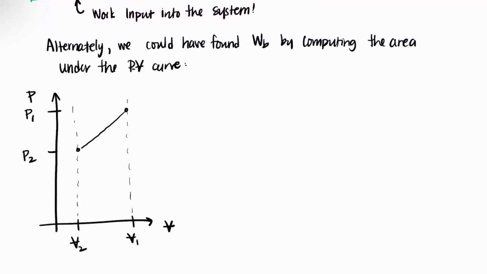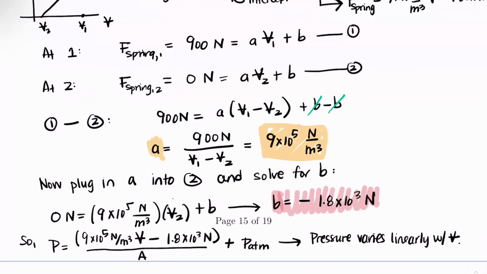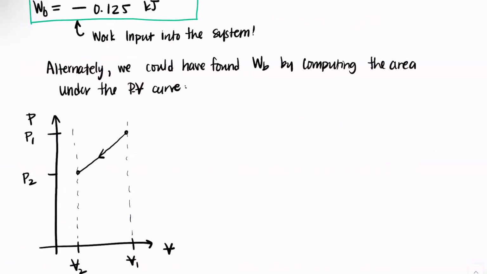And we found out when we solved this equation here, we knew that pressure is linear with volume. So we have that this is a line. And then our area under this curve is just this. All right, so if you wanted to, you could do the area of this rectangle and then add the area of the triangle on top.